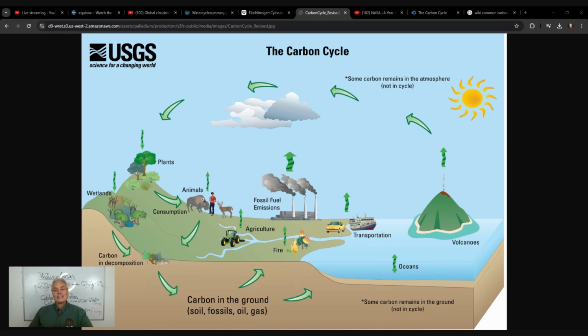Now, how is this affected by climate change? What happens is that the more carbon dioxide there is in the atmosphere, the more the overall heat is increasing. Now you have to be mindful here. I'm talking about carbon dioxide only as a greenhouse gas.